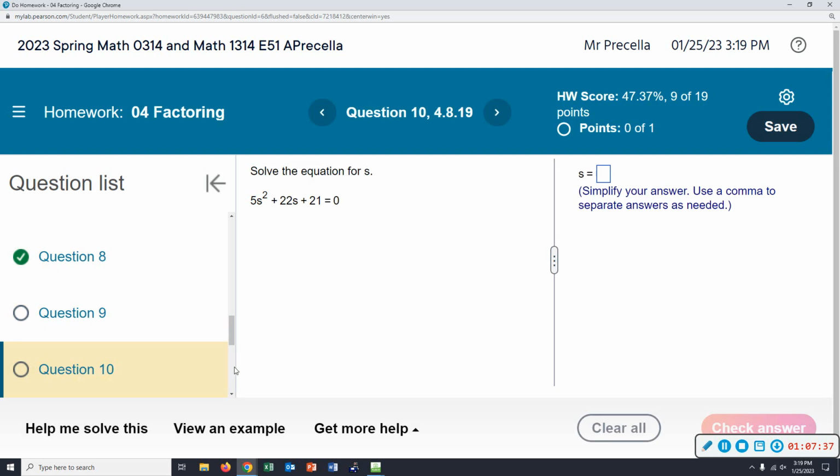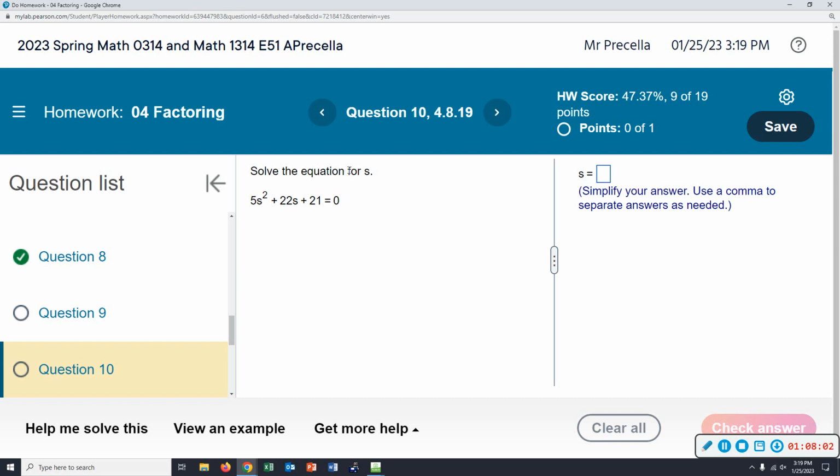But if it says solve, your answer is going to be numbers. So notice here for the answer, it says S equals, the variable equals, and it says to use a comma to separate the answers as needed. And so studying those instructions is sort of important. And that happens all the time.